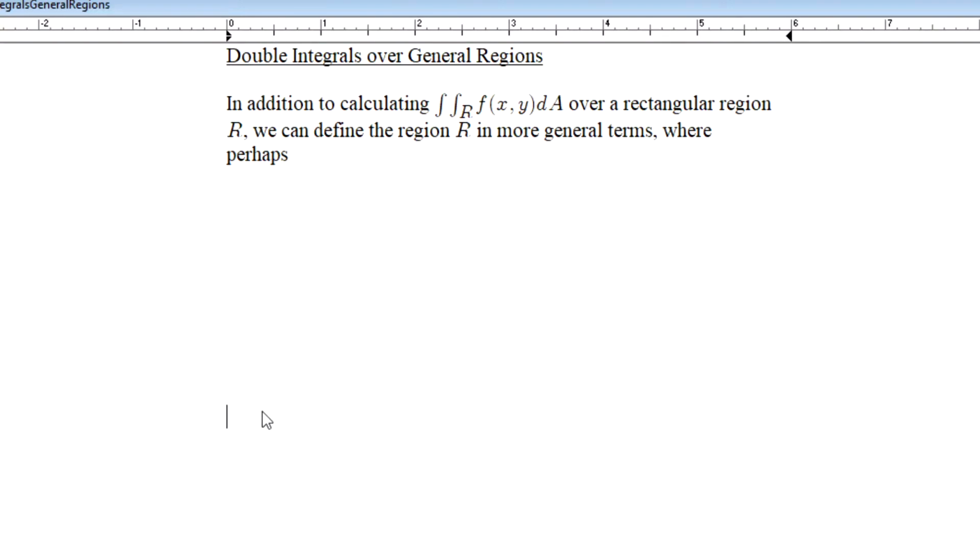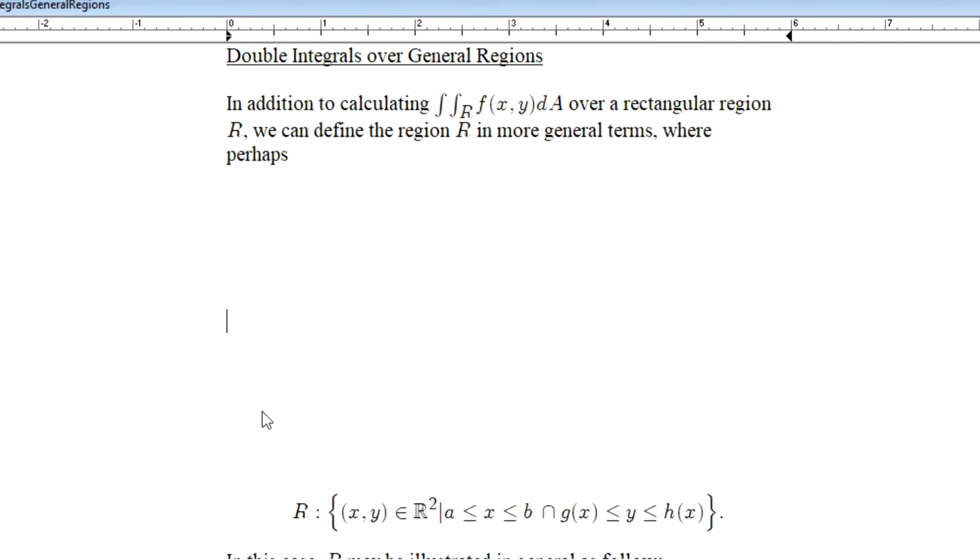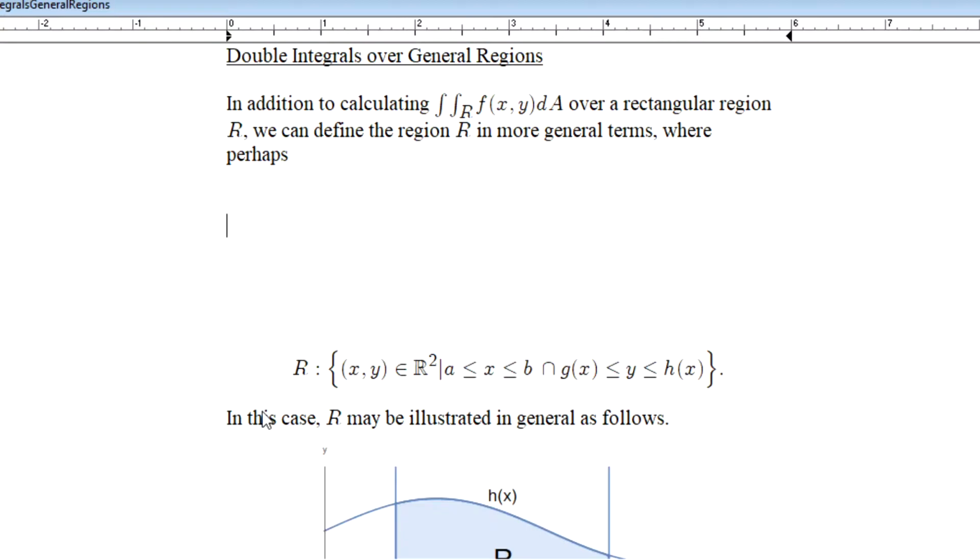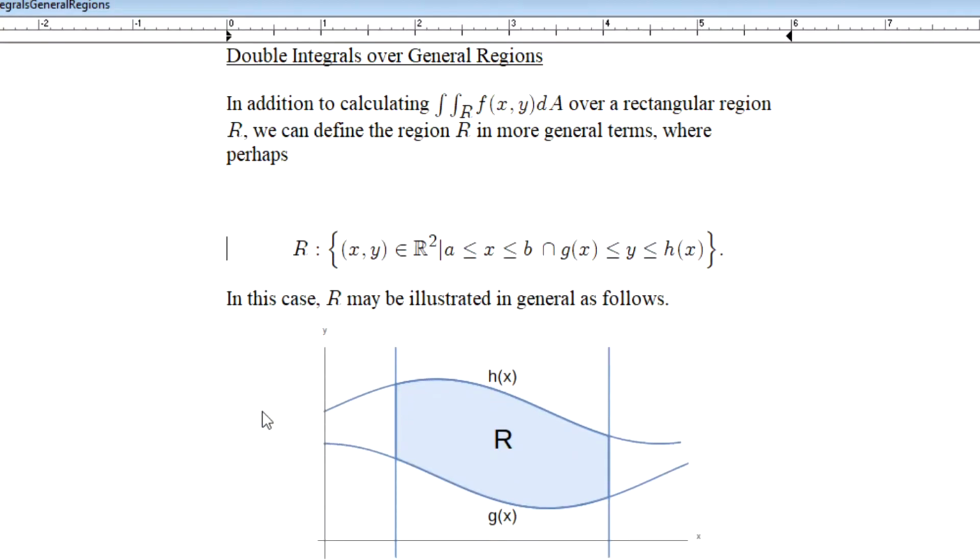The way we might describe R is as follows.